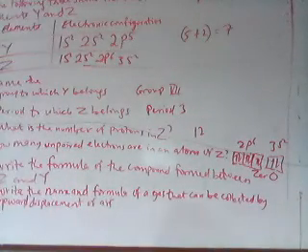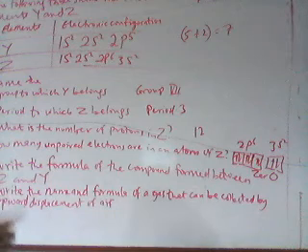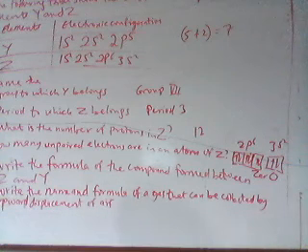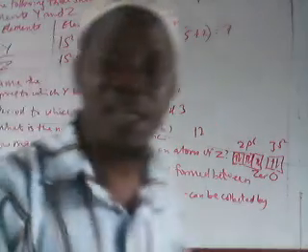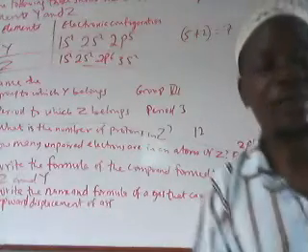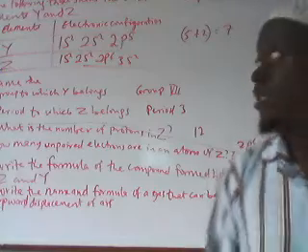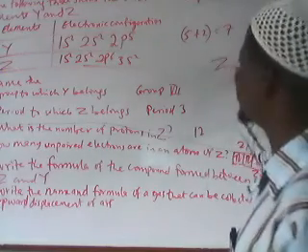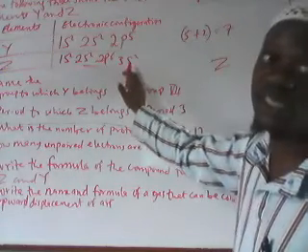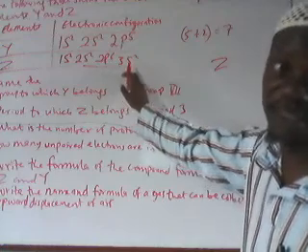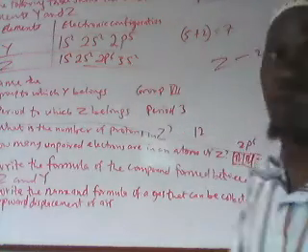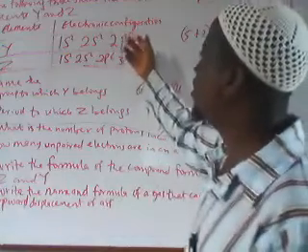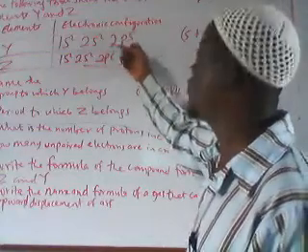Now question number 4. Write the formula of the compound formed between Z and Y. To get the formula of our compound, look for the valencies of the combining elements. The valency of Z is the number of electrons in the outer shell because it is an S block element. So the valency of Z is 2. The valency of Y is the number of electrons required to complete the orbital, even though it's a P block element.